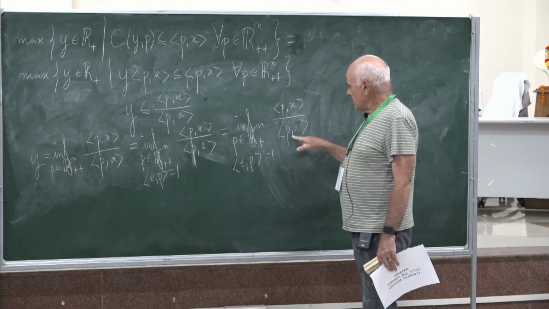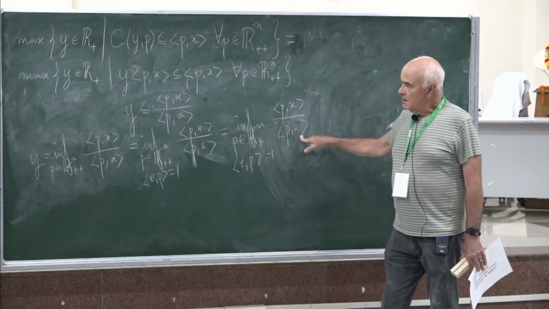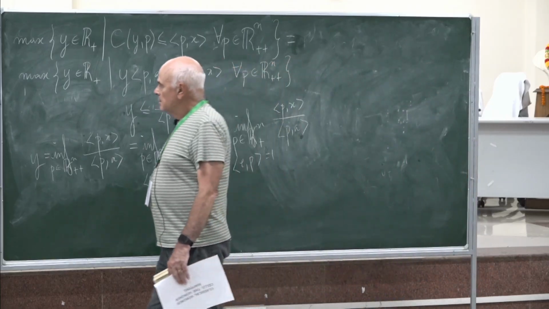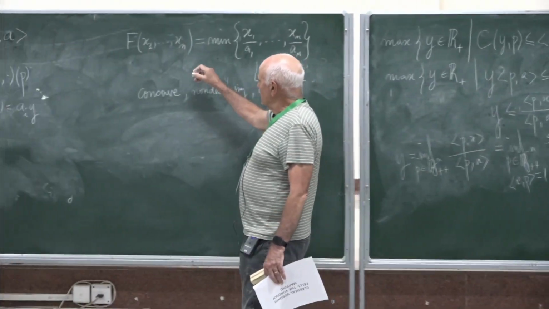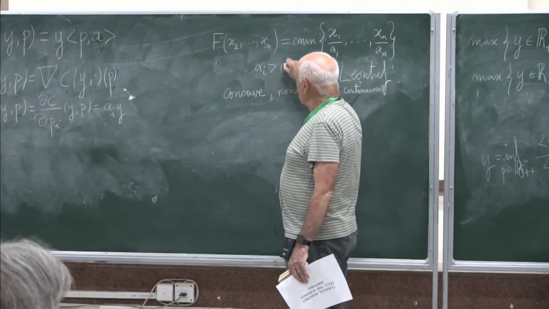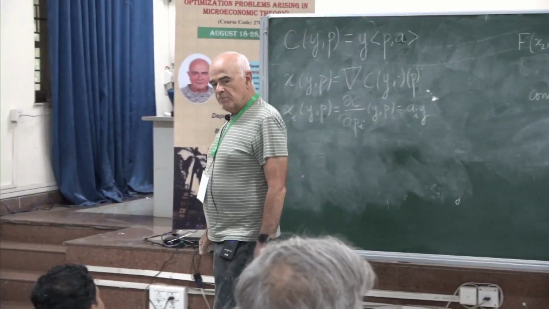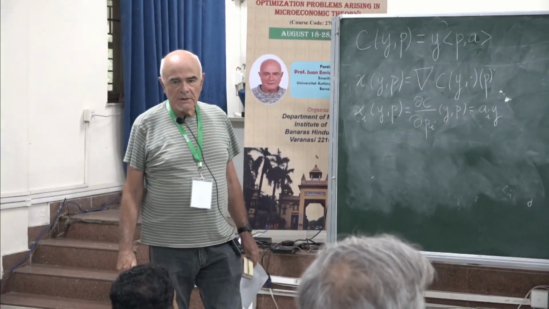So this denominator does not vanish. Here I forgot to say, but it's obvious that the parameters defining the Leontief production function are all strictly positive.